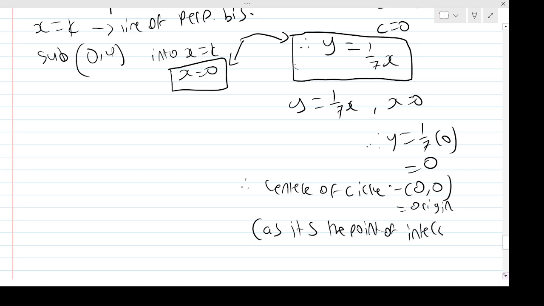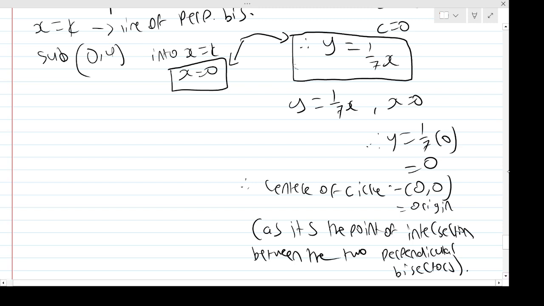You don't have to write this, but I'm just trying to explain it very fully, as detailed as possible. So it's the point of intersection between the two perpendicular bisectors, because that's effectively what's going on. Okay, cool.